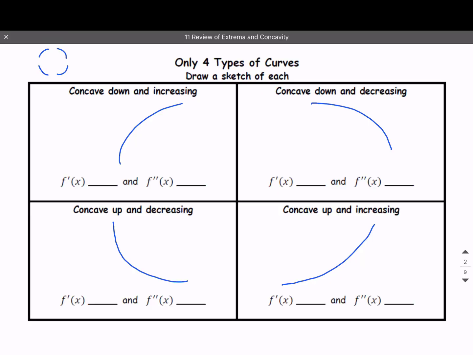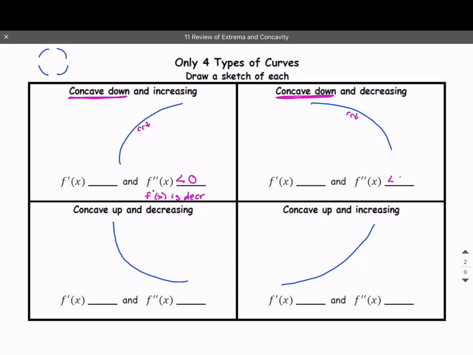Now, when the function is concave down, that tells us that our second derivative is negative. It's also going to tell us that the first derivative is decreasing. On this piece, the graph is concave down, curved down in both of these cases.